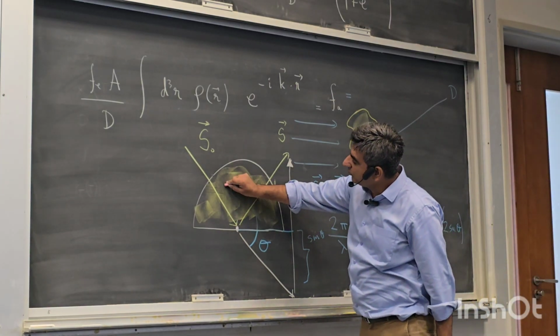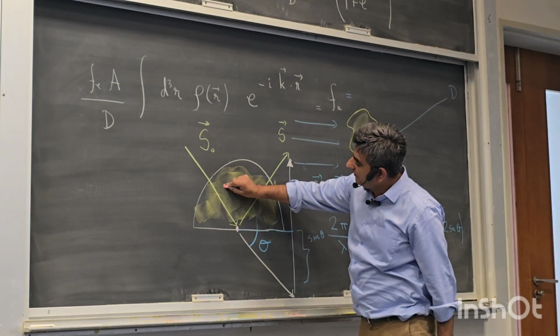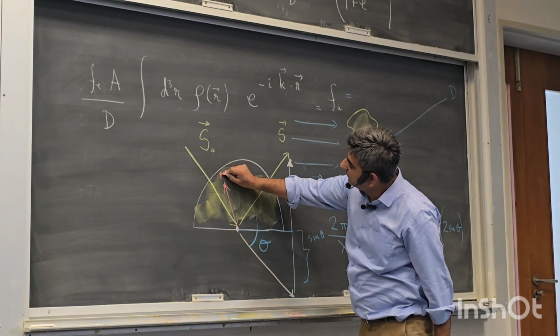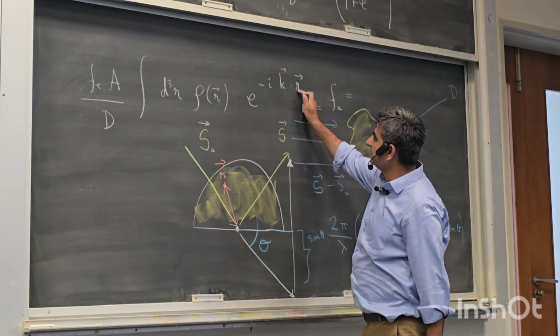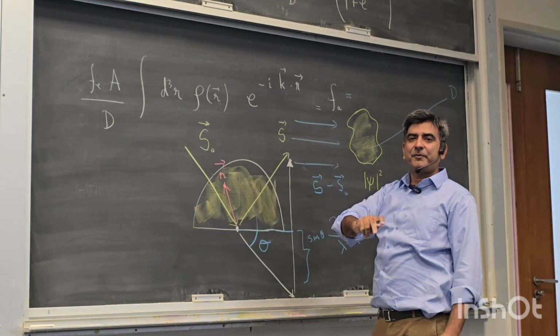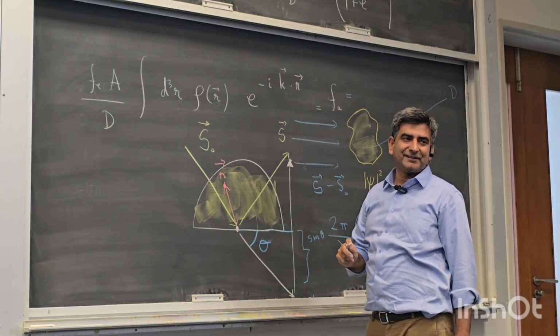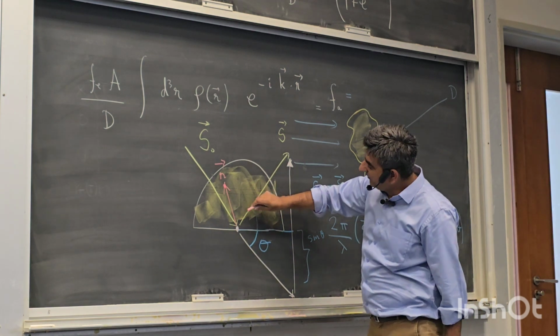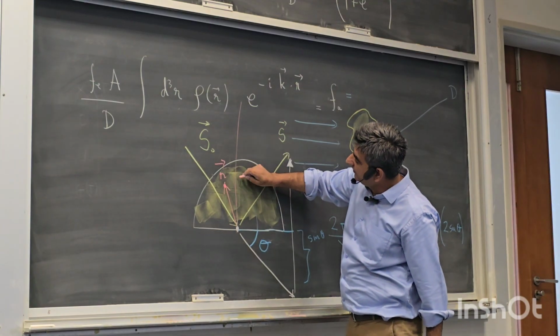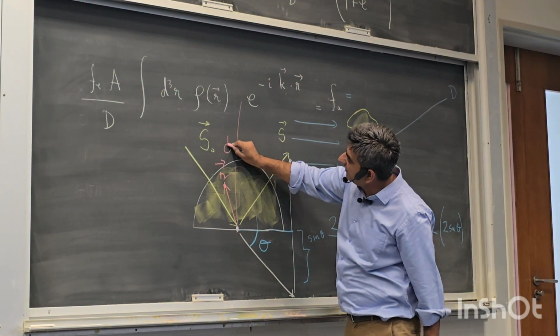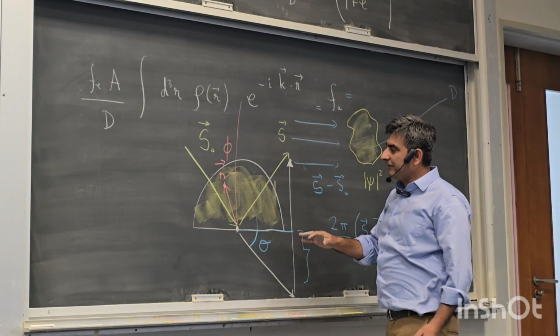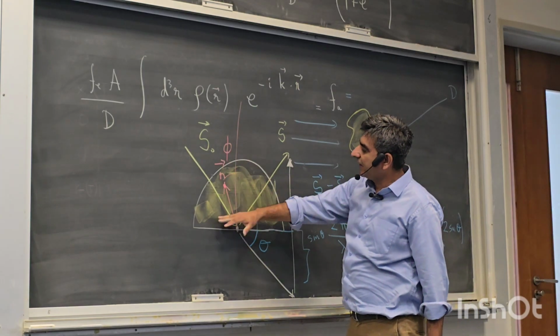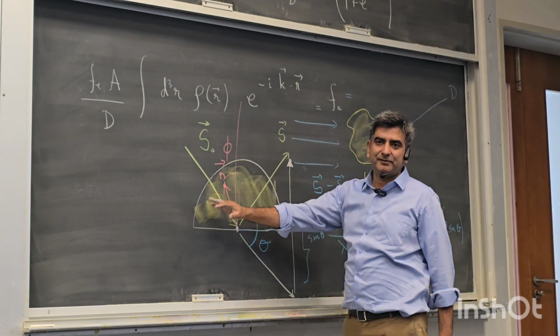Suppose I'm looking at an electron over here, which has a position vector r. So this is the position vector of the electron from where you're looking at the scattered wave. If I draw another axis here, call this another angle phi. If I assume spherical symmetry, then this phi extends from 0 to pi inside the atom.